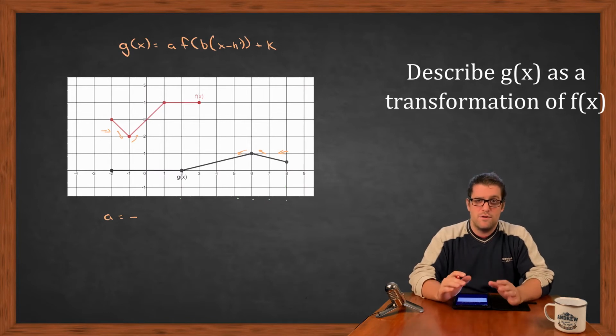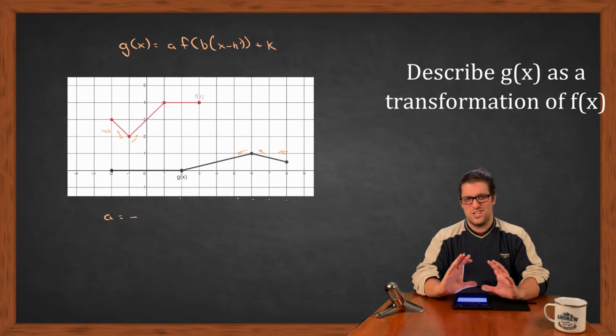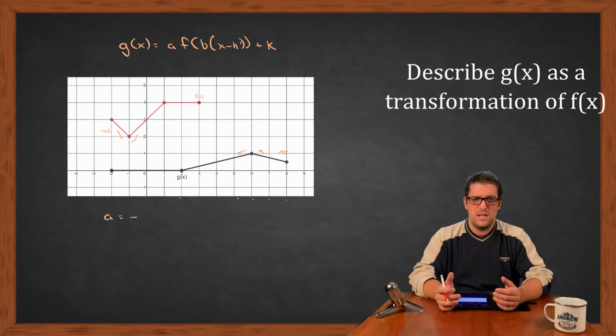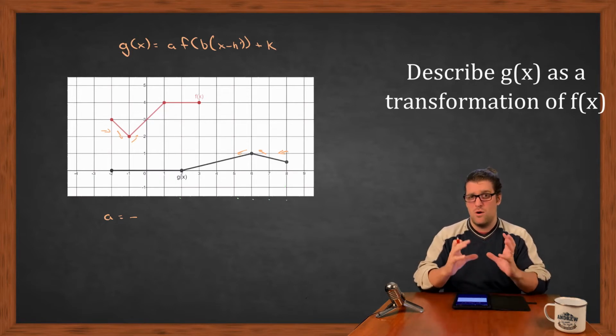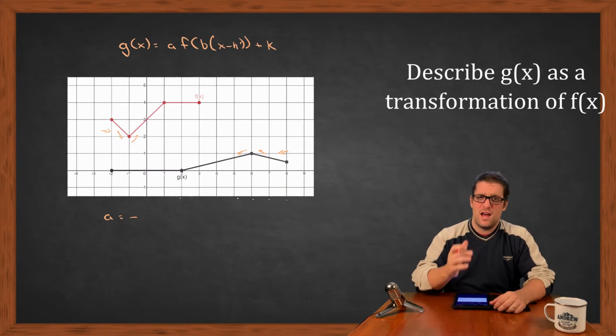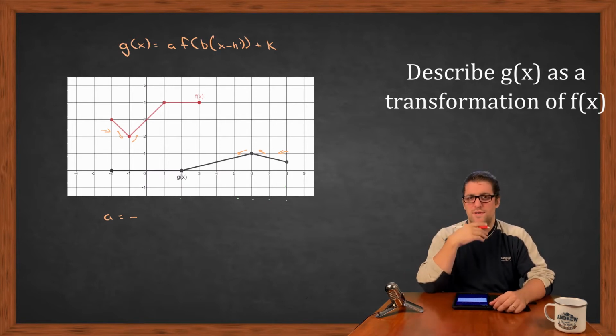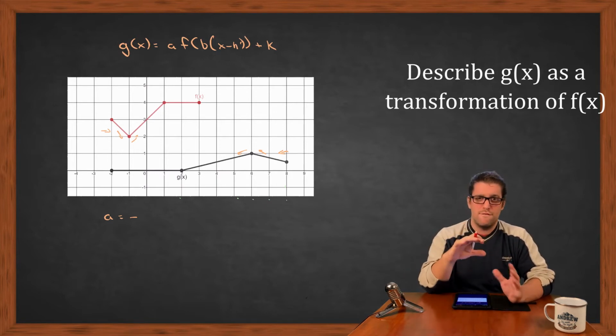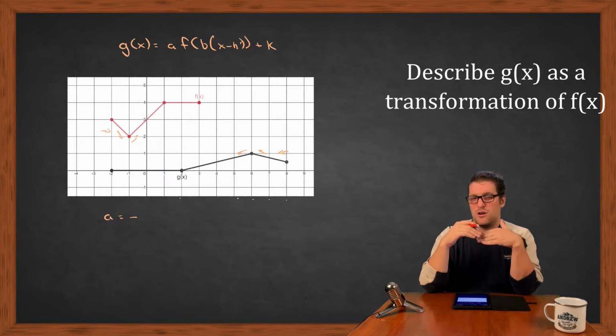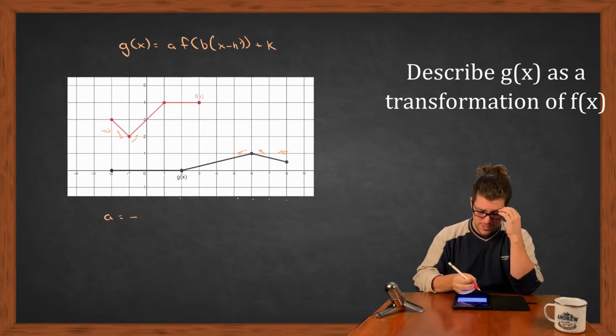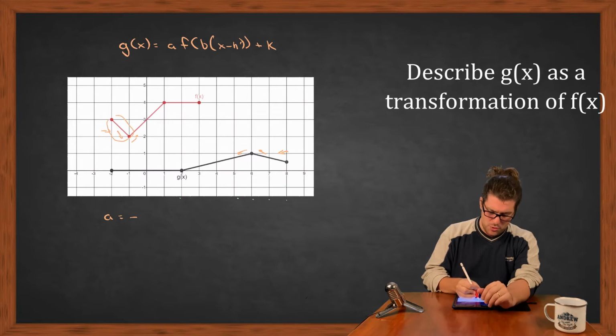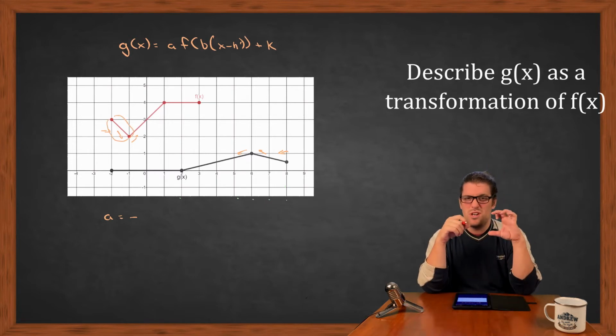Now we'll head over to vertical stretching. So what I usually do is I actually just consider the entire function as a whole and look for the size of the whole function from its uppermost value to its lowermost value. You can also look for features and look at how large certain features are. So for instance, I could size up this short arm over here and say it's 1 unit tall.